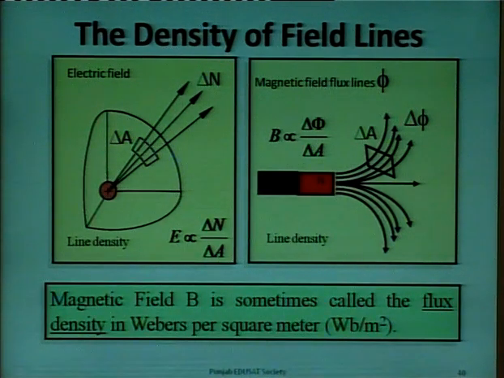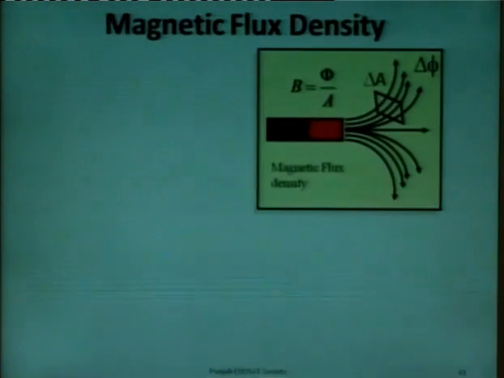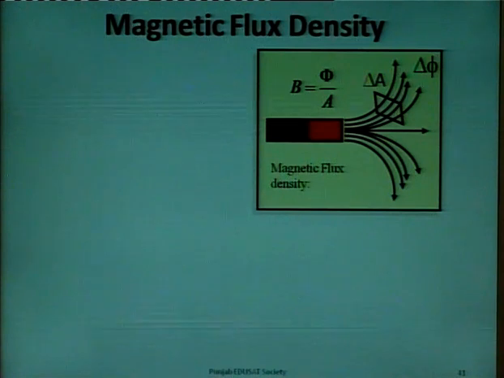The magnetic field B is sometimes called the flux density, in Webers per square meter. Then the magnetic flux density is B equal to phi upon A.